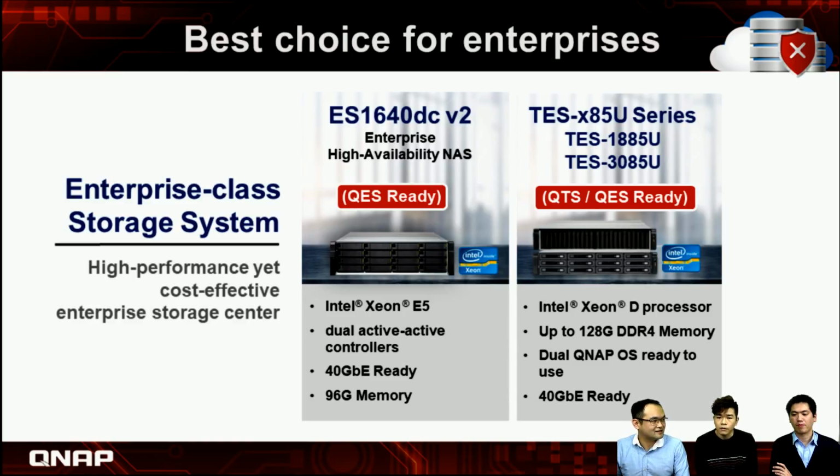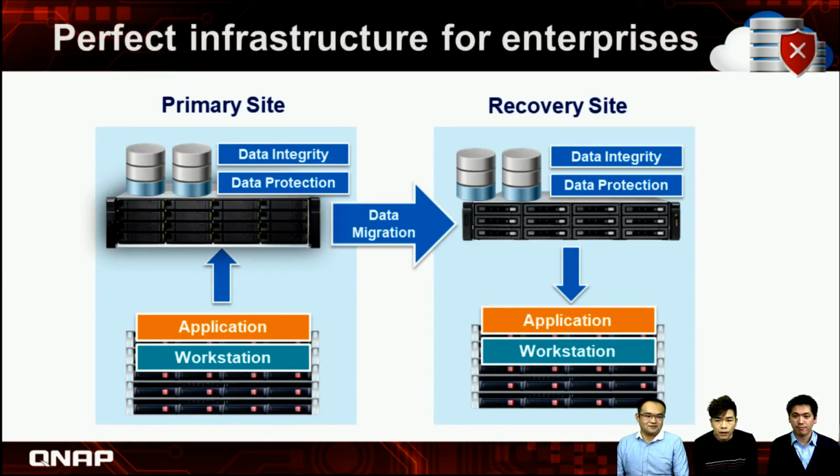Okay, I understand. So if we want more safety on the hardware, we can choose the ES series. But if we want a variety of systems, we can choose the TES series. Yes. Okay, so here is the infrastructure we suggest for your usage in the IT environment.